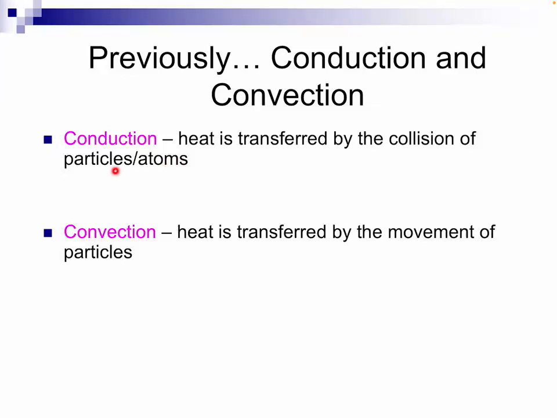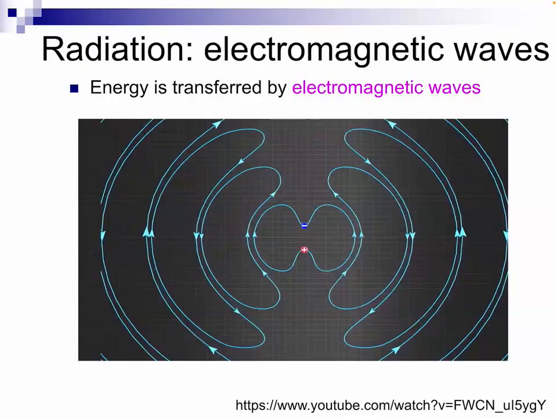Of course, you need to have a material that has atoms and particles that will collide. For conduction and for convection, you need particles that will move and bring with them energy as they move. Whereas radiation is energy transferred by electromagnetic waves.